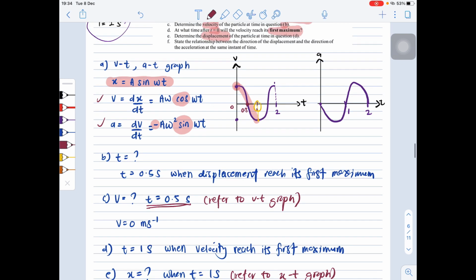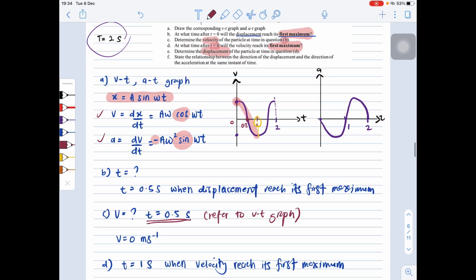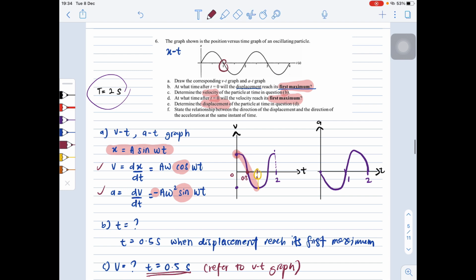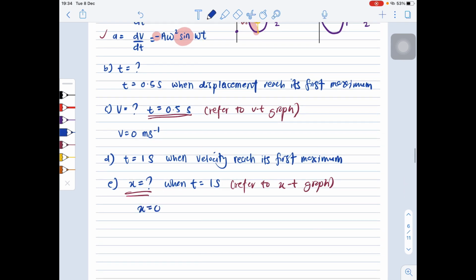So obviously we need to refer to this graph here. In which 1 second, right? So 1 second dekat sini. So the value of x here will be equal to 0. So x is equal to 0 when t is equal to 1 second.